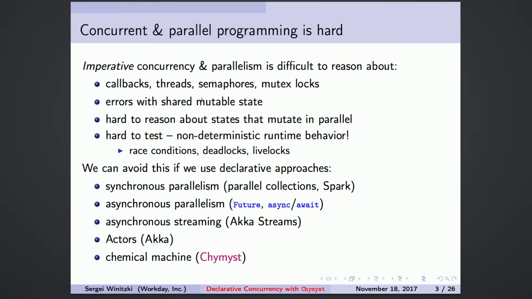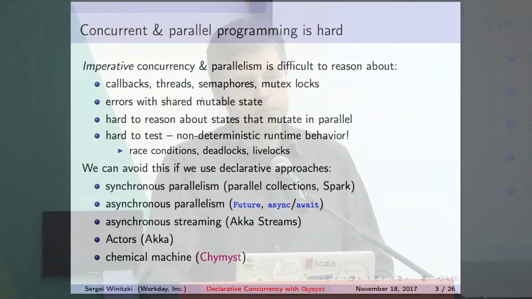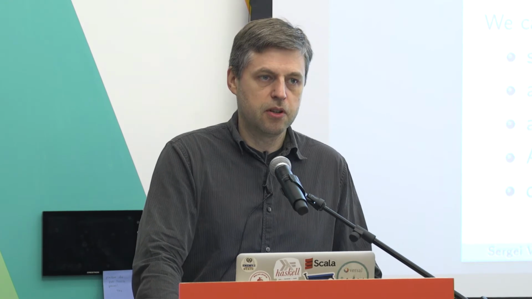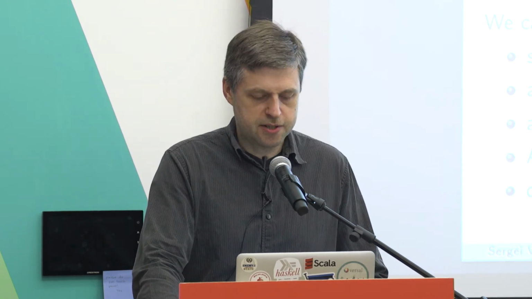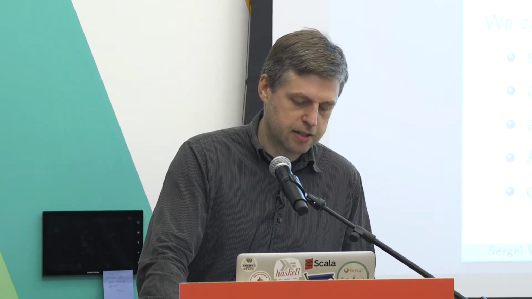We know that it's hard to write concurrent and parallel code correctly. The reason it's hard is because we use the tools such as callbacks or threads or semaphores or locks and so on. These tools force us to focus on reasoning about state, concurrent state, mutable state, shared state.